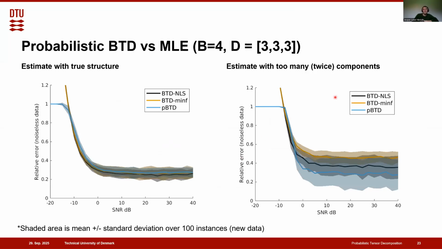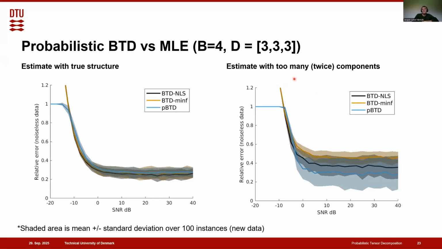This is similar to the previous experiment in that we have a signal to noise ratio here, and we're trying to recover the ground truth. If we know the true structure of the model, the probabilistic tensor decomposition or block term decomposition, they all perform on par.